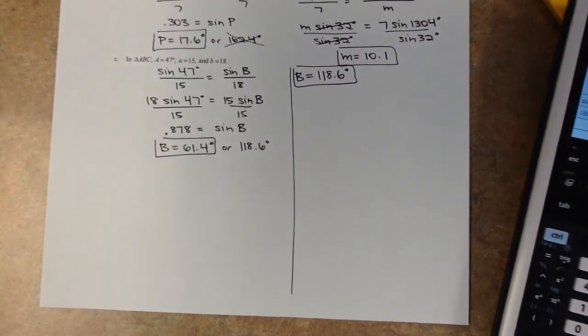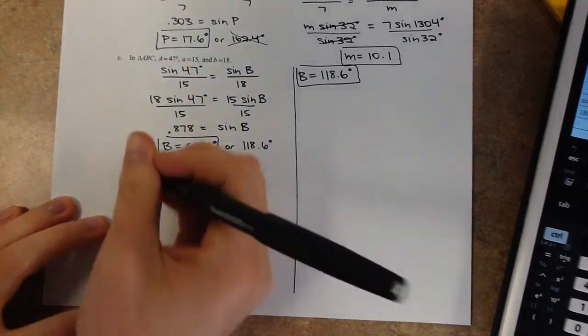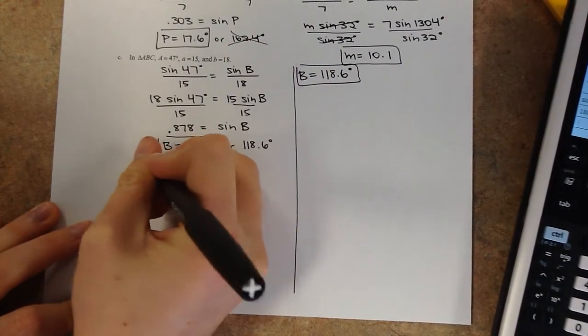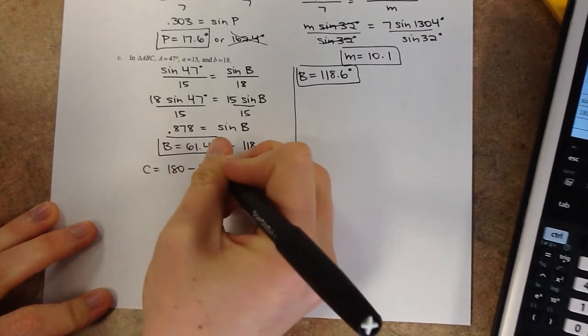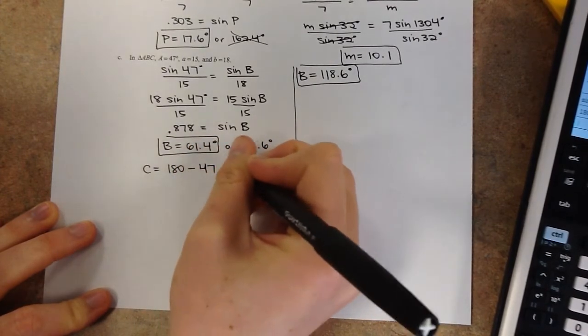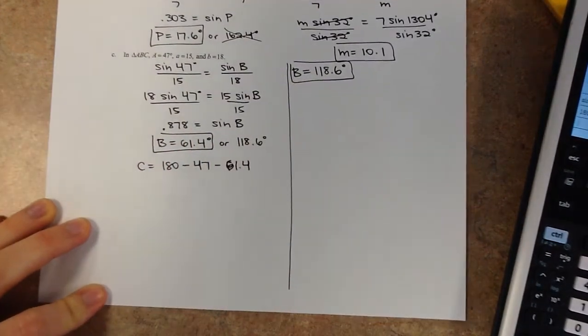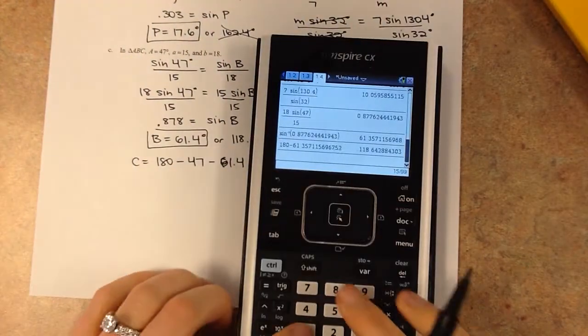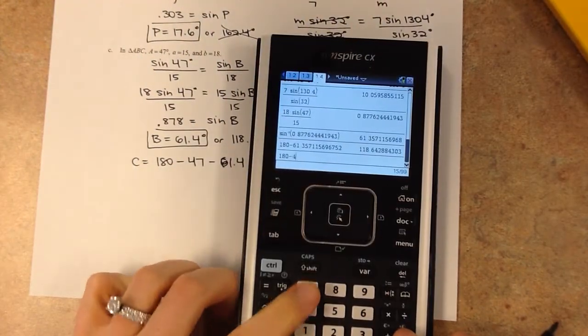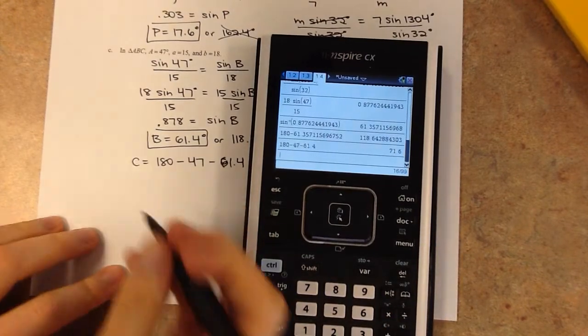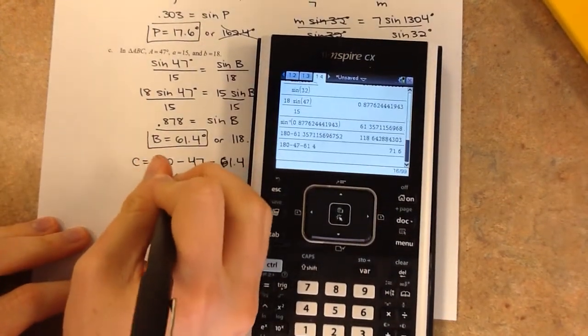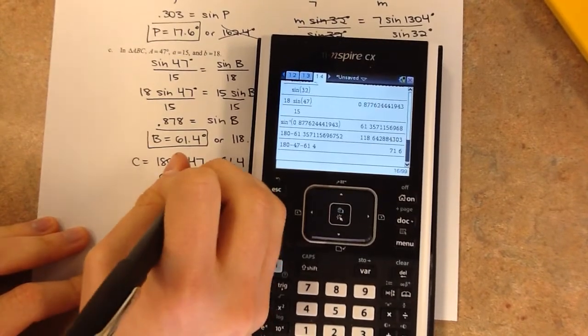Okay, so for both of these, it's very easy to find the missing angle. So 180 minus A, which is 47, minus this value of B, which is 61.4. So the missing angle, let's find that piece first. In this situation, the missing angle is 71.6 degrees.